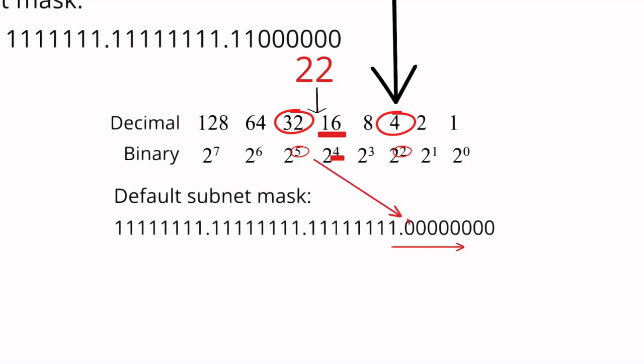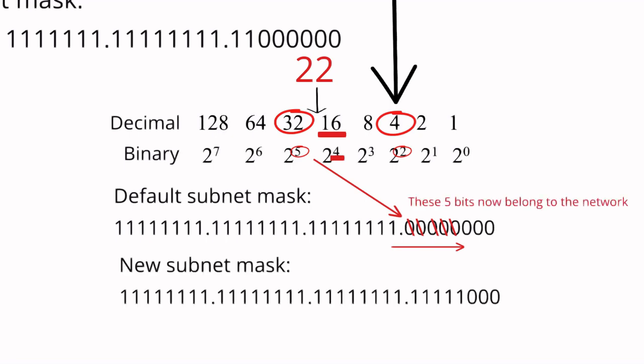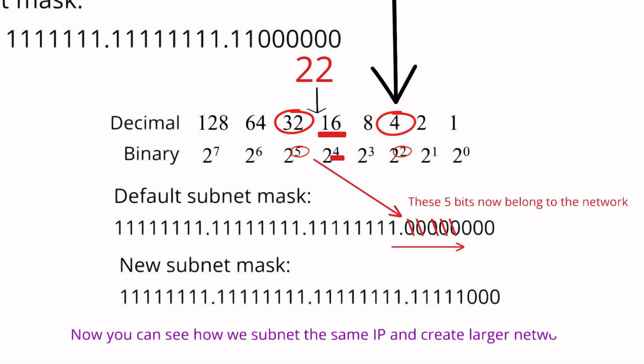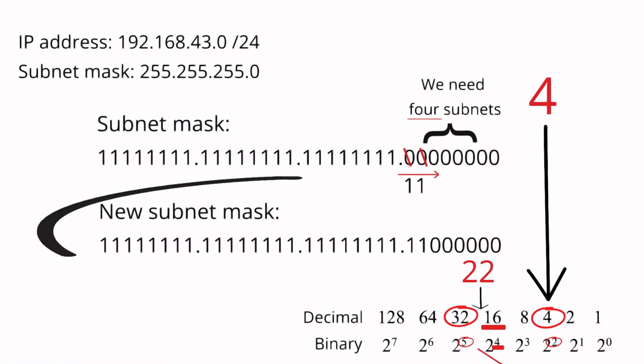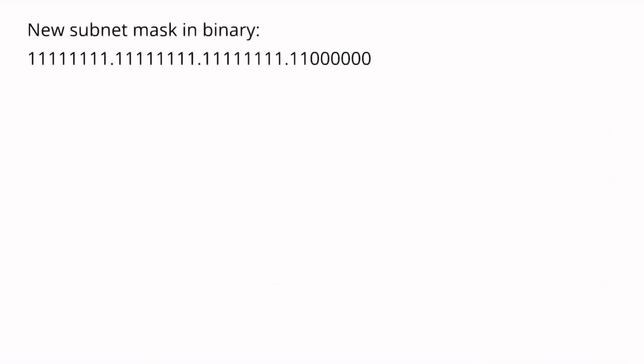From the left, we change those 2 bits to 1, and then we are left with the remaining zeros. Now, we convert our subnet mask back to decimal, which will be 255.255.255.192, which ends up being a /26 network.